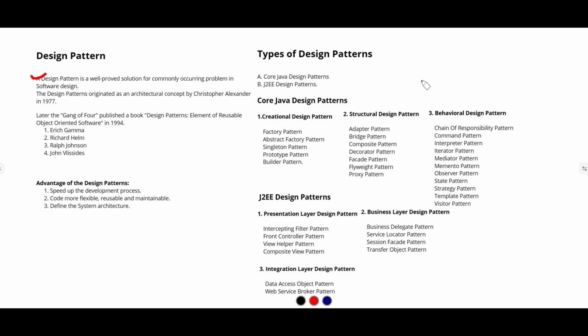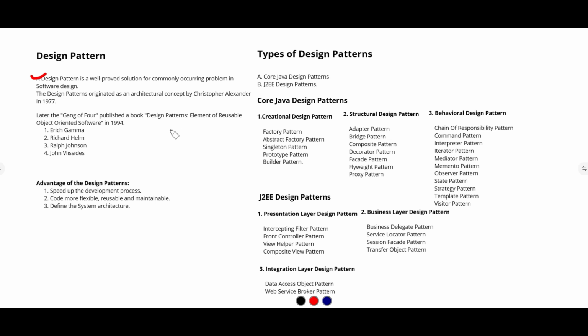Now, who introduced the design pattern? Long back in 1977, it was introduced by Christopher Alexander. But at that time, it was not very popular. So when did it get popularity? In 1994, when the Gang of Four published a book, Design Patterns: Elements of Reusable Object-Oriented Software.